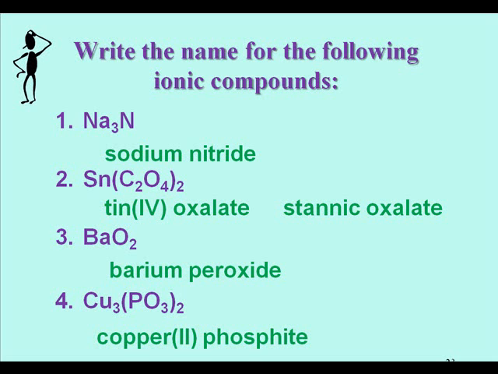Tin can use either version. Many years ago, there were no Roman numerals used. It was ic and ous used to denote what was the charge. They have since moved towards the Roman numeral, but you still see those, and either one is acceptable.